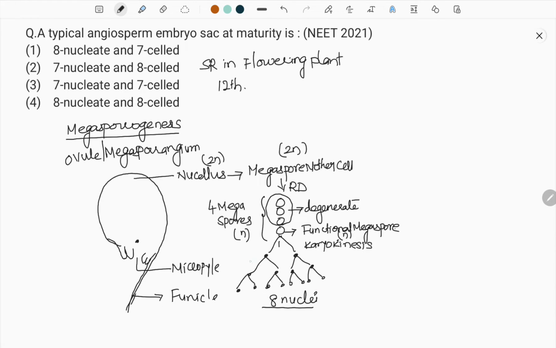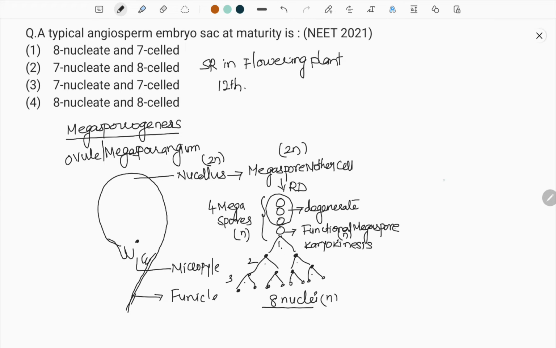This is 1, this is 2, this is 3. Number of cell divisions here is 7: 1, 2, 3, 4, 5, 6, 7 mitotic divisions. As a result, 8 haploid nuclei are formed.